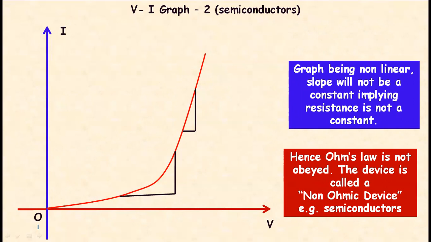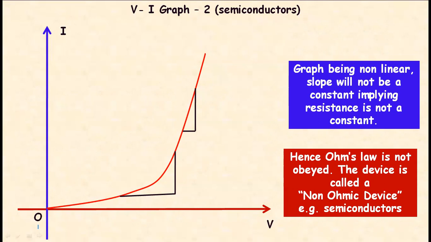Hence, those devices which do not obey Ohm's law are called non-ohmic devices. Examples of non-ohmic devices are devices fabricated with semiconductors. For example, I can quote diodes, transistors, etc. A diode generally is used to convert alternating current to direct current.